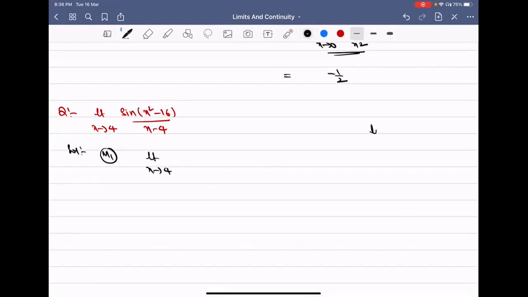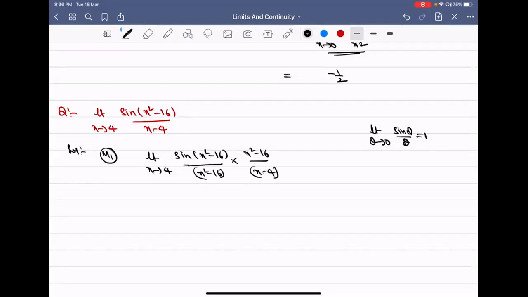To use the formula limit as theta tends to 0 of sin theta by theta equals 1, we need theta here. That's why you divide and multiply with x squared minus 16. This is our general method. You divide with x squared minus 16 and at the same time multiply by x minus 4.